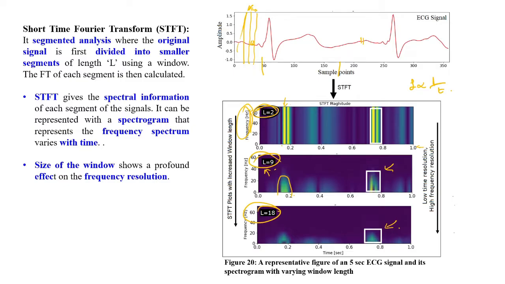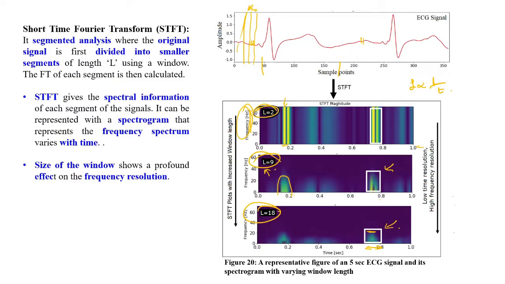Within a short time, you get a very good spectrum. However, at the longest time period, your time resolution is lost. Your frequency component is restricted up to 20 hertz, whereas in the other case it is more than 20 hertz and you get spike-like features.